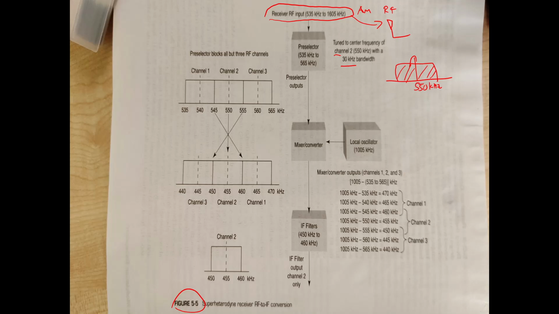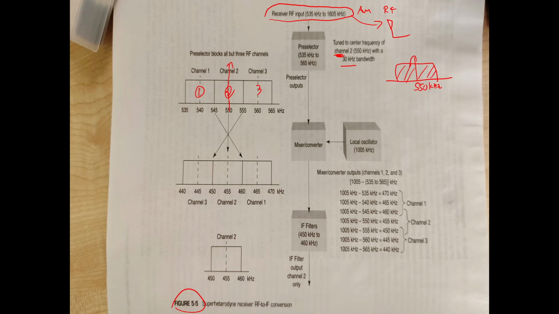So within the 30 kilohertz of the pre-selector band, it selects a small portion of the bandwidth which consists of 3 channels: channel 1, channel 2, and channel 3. I want to listen to this radio channel. It is explicitly mentioned here that we want to tune to channel 2. The word tune means you tune your radio to that frequency.